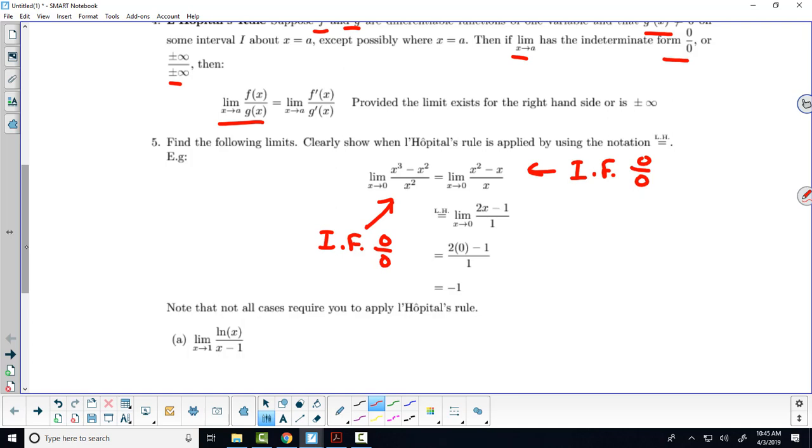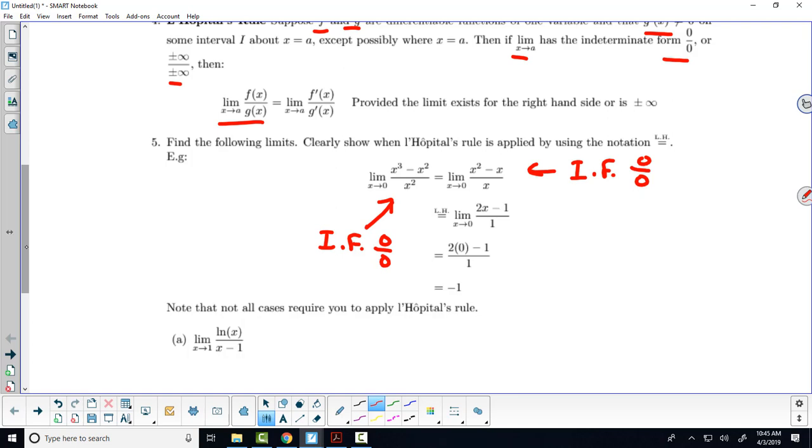What did I do from here to here? Well, my dear reader, I told you that I applied L'Hospital's Rule. First of all, can I apply L'Hospital's Rule? Well, yes. It has the indeterminate form 0 over 0, and both of these functions are differentiable. So we take the derivative of the numerator. What's the derivative of x squared minus x? It's 2x minus 1, over the derivative of the denominator, which is 1. Now that's a legal move.